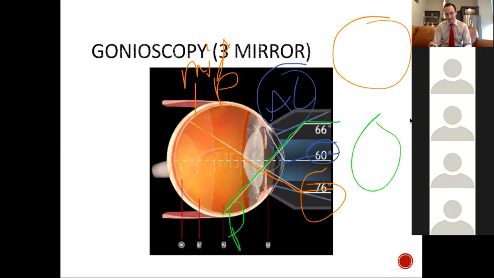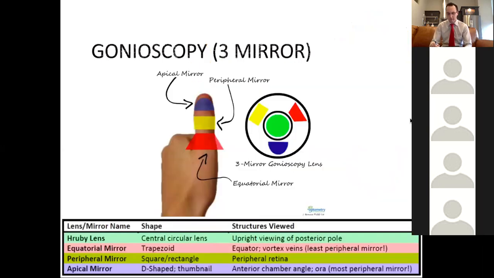And I don't think the best strategy would be to memorize the numbers, right? But if you can kind of know the relationship, knowing that the lower the number, the more anterior we can see, the higher the number, the more posterior that we can see within the eye, I think that would probably be our best strategy.